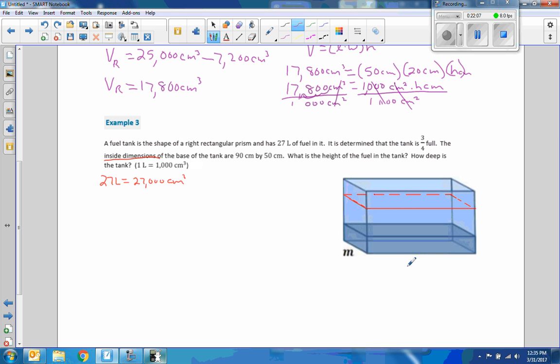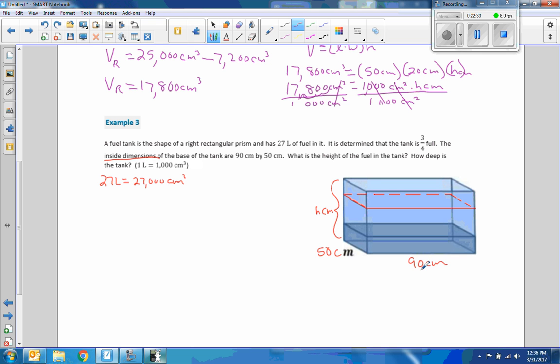So the inside is 90 centimeters and 50 centimeters, 50 cm by 90 cm. And it says, what is the height of the tank? So it wants to know how many cm this is. So it's H cm.